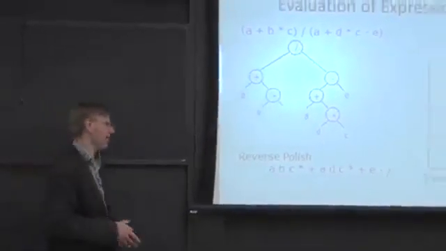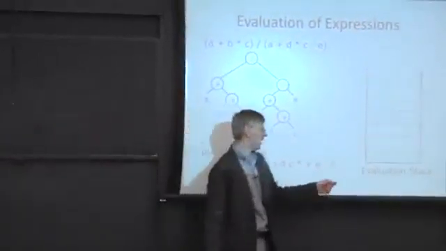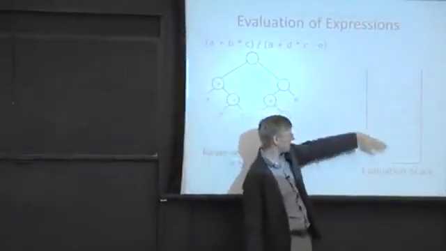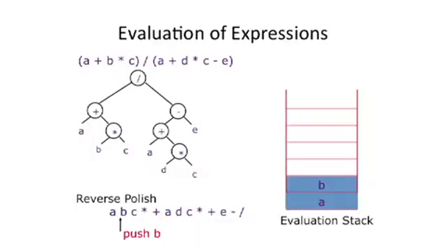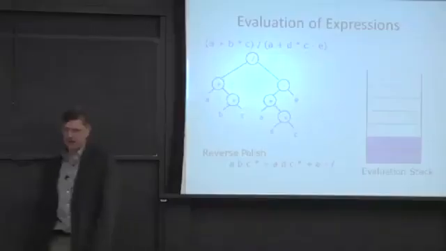So here we have an evaluation stack, and the top of the stack is whatever's on the top in this picture. First we're going to push A, so A shows up on the stack. Then we're going to push B, push C, and then do a multiply. We take the two entries on the top of the stack, multiply them, and put the result into this entry in the stack.